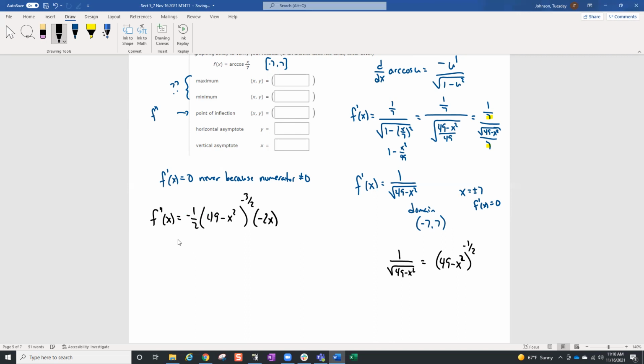All right, little chain rule going on here. The 2 and the 1/2 cancel out. The negative and the negative are all cool. So I'll get x over 49 minus x squared to the 3/2.